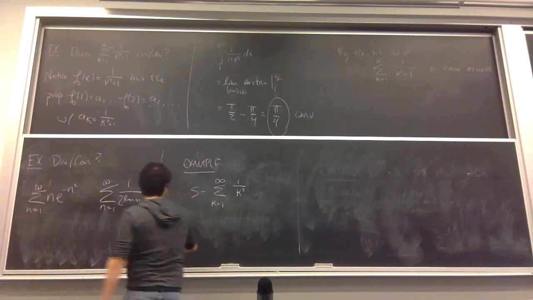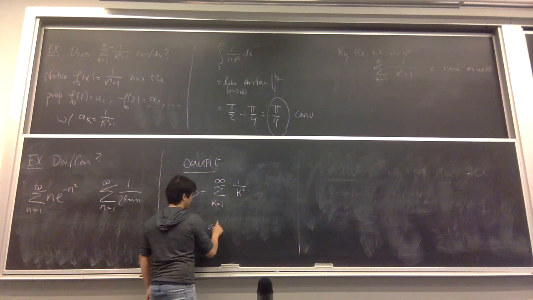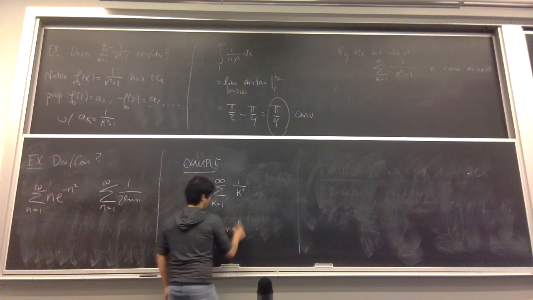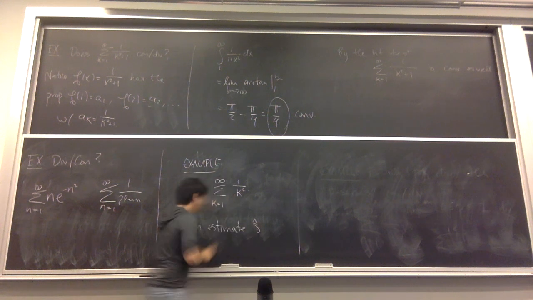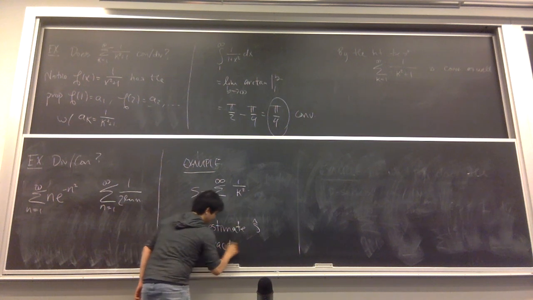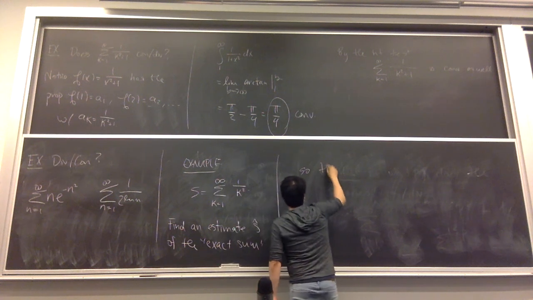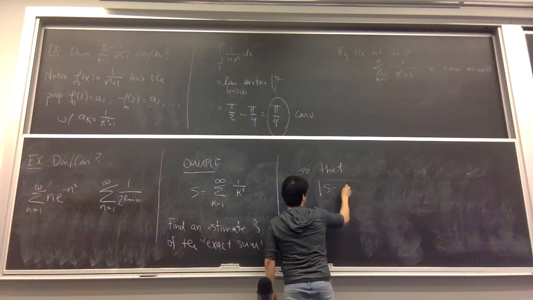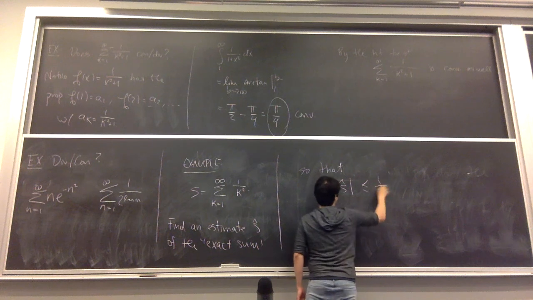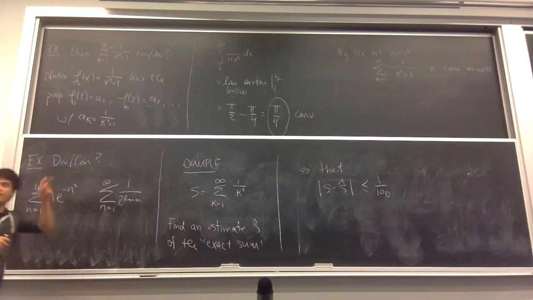So find an estimate, I'm going to call that S hat, of the exact sum, so that the precise sum minus your estimate is less than 1 over 100. This is a statement about find me an estimate that's close enough. I want you to be within 0.01 of the true value.